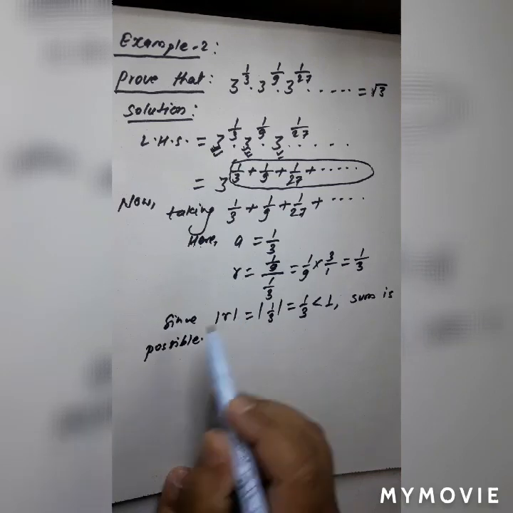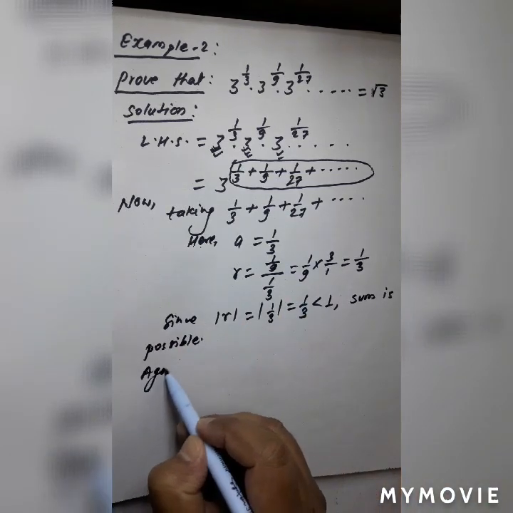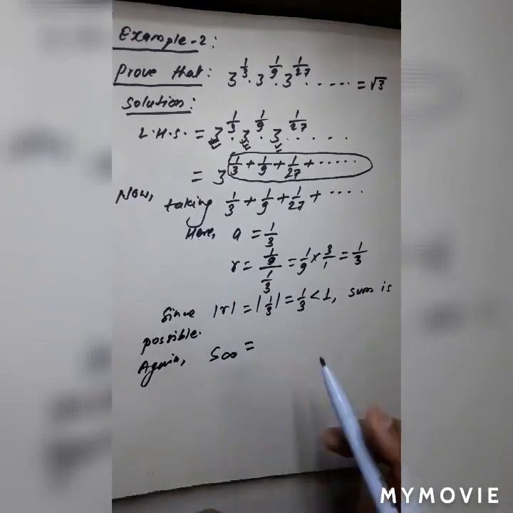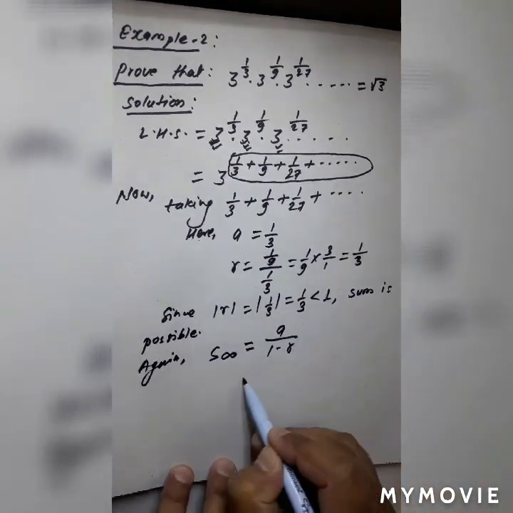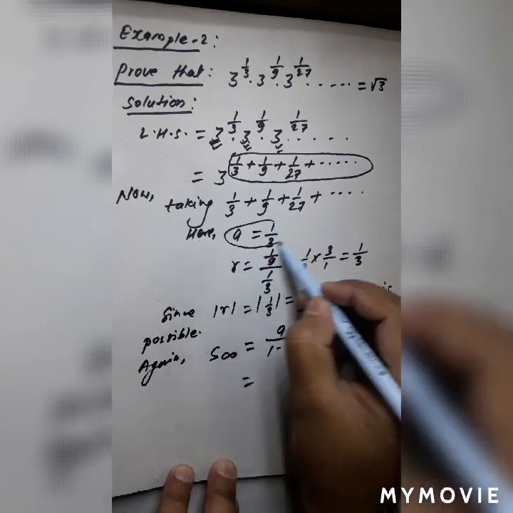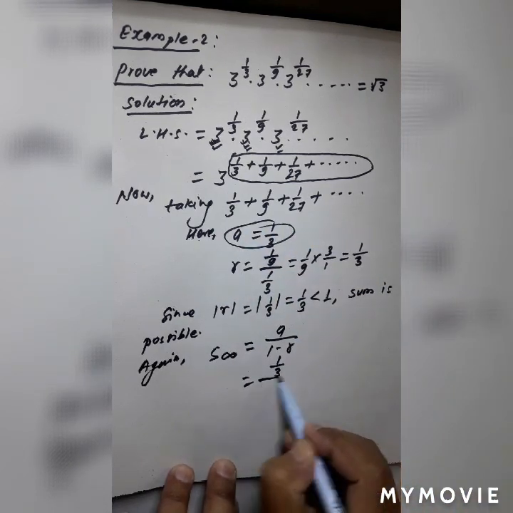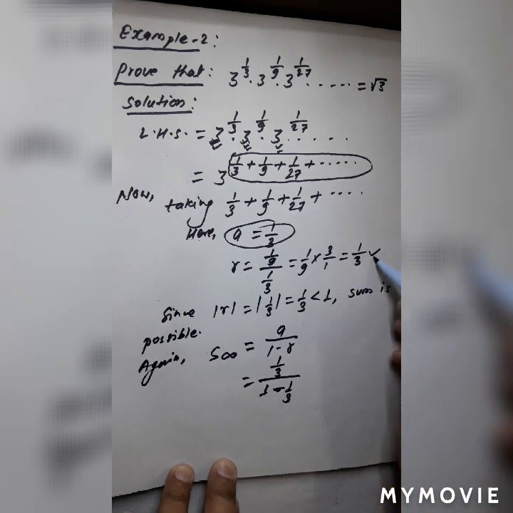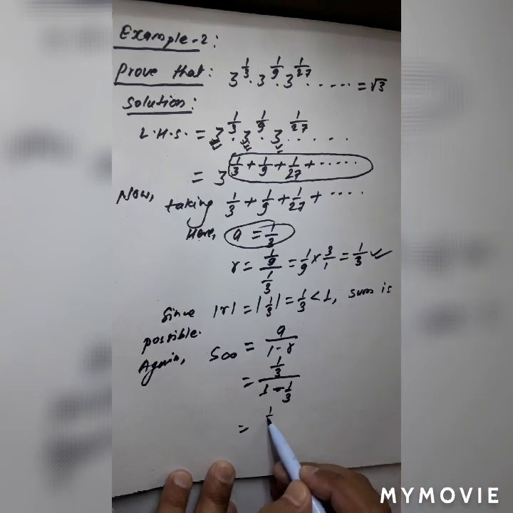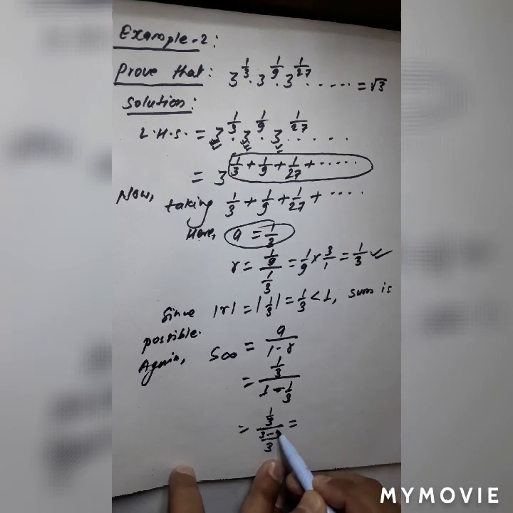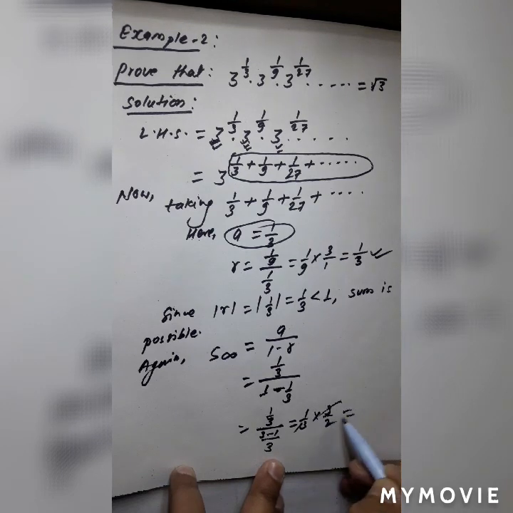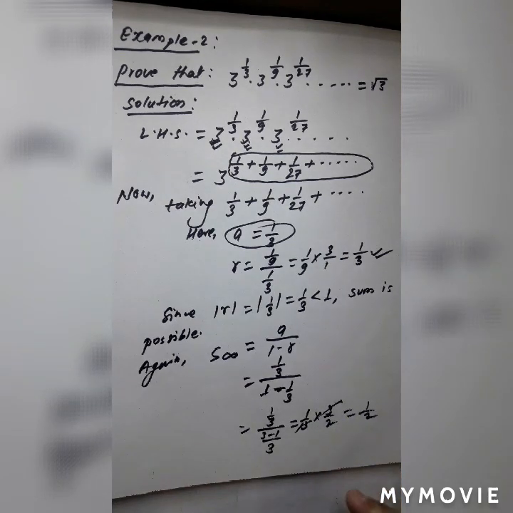Now use the formula. Again we can use the formula S infinity equals a by 1 minus r. What is a? 1 by 3. Here a is 1 by 3, 1 minus 1 by 3, where the common ratio is 1 by 3 as we found. So after solving this, 1 by 3 into 3 by 2, the 3 cancels, so 1 by 2 is left.